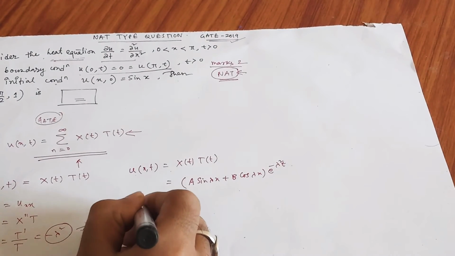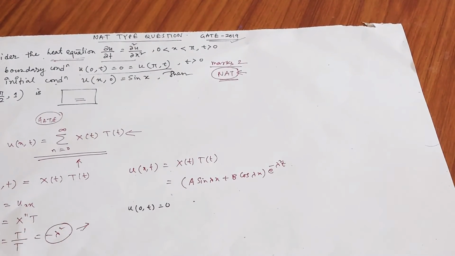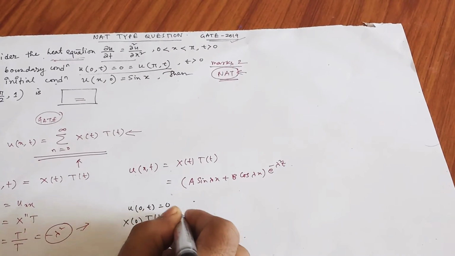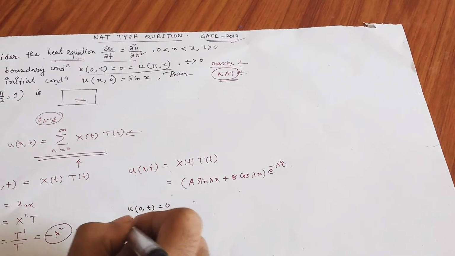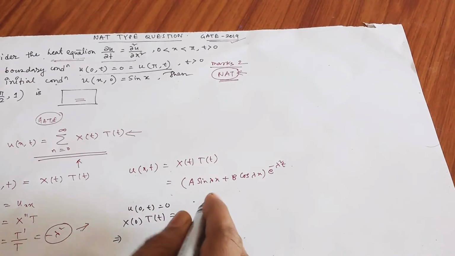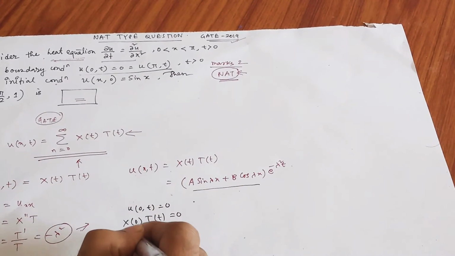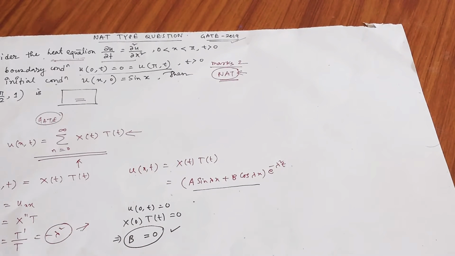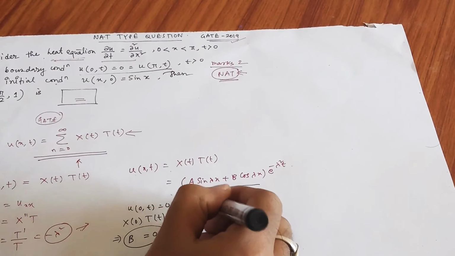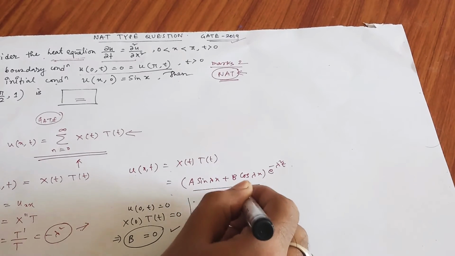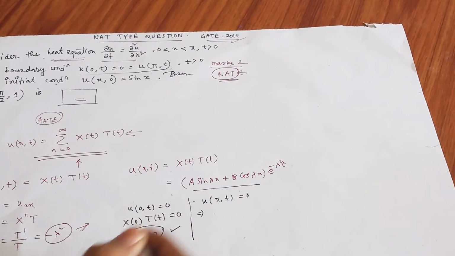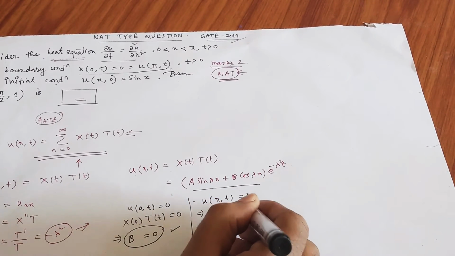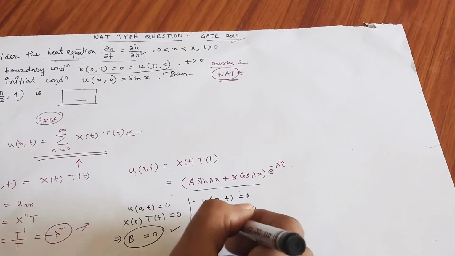So first condition, u(0,t) equals 0, that means X(0) into T(t) equals 0, fine, and X(0) means this part, that is nothing but b equals 0. And the second condition, u(pi,t) equals 0, already b equals 0. So if you implement this condition, that will give sin lambda pi equals 0, that is nothing but lambda equals n you are getting.